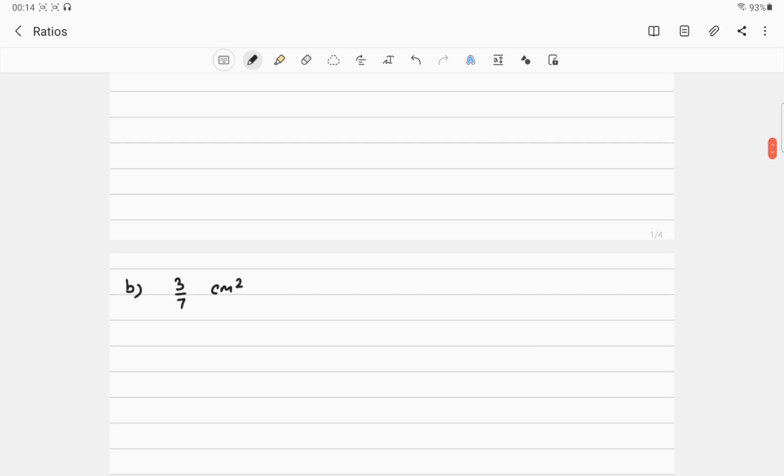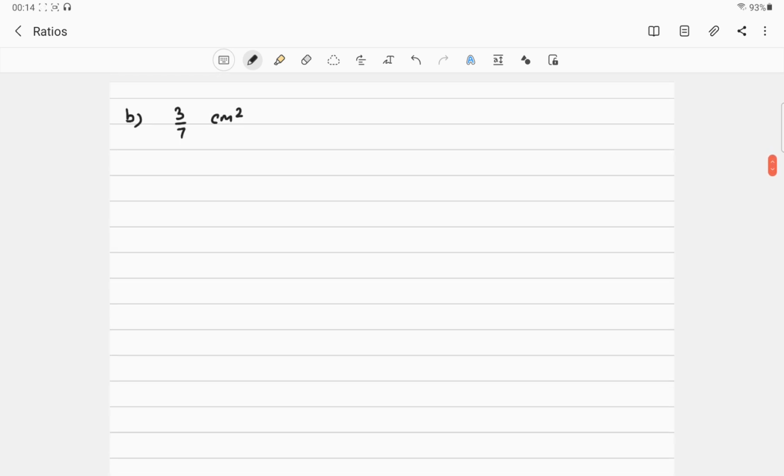Now we move on to this part, which is 3 upon 7 centimeters squared. So we'll just apply what we just learned. 100 centimeter was 1 meter, so 1 centimeter is 1 upon 100 meter. So 1 centimeter squared would be 1 upon 10,000 meters squared.